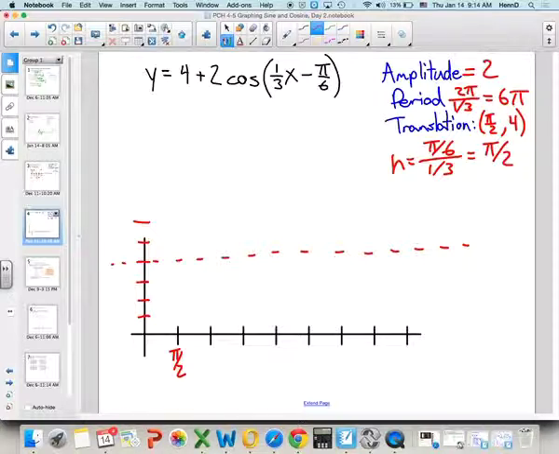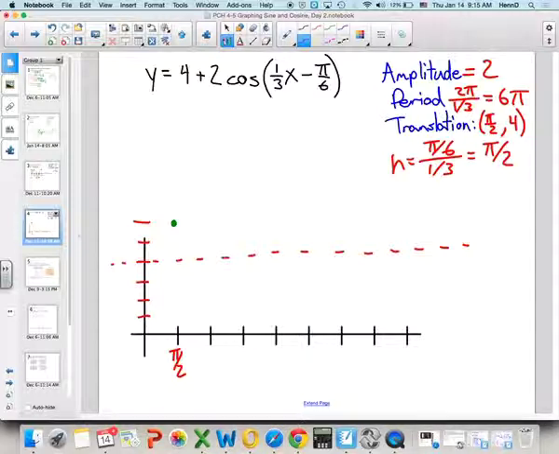Now, my starting point will be at pi over 2, 6, because the amplitude is 2. And cosine starts at the top, so I've got to start 2 units above the midline.